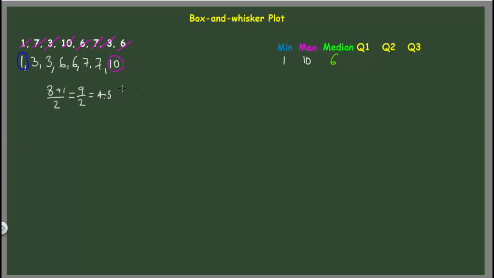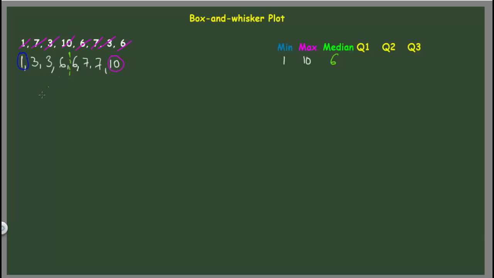Then we will find our first quartile. Now we've separated our set of numbers into one half above and one half below. We can put a line here, for example in green, and say that our median is right here. Now we are going to find the middle of the middle, the median of each half above and below.